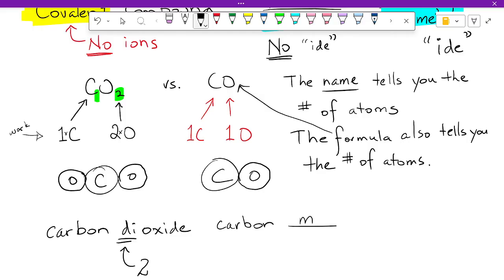Mono. But because it's oxide, we're going to drop one of the O's because otherwise it looks like monooxide, and that just looks silly. You know what I mean? So we drop an O in front of oxide. The prefixes tell you the number of atoms.